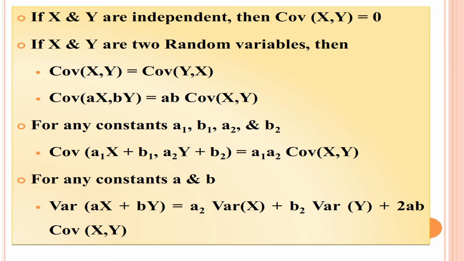Fourth property: for any constants a1, b1, a2 and b2, covariance of a1x plus b1, a2y plus b2 is equal to a1 a2 covariance of x and y. Fifth property: for any constants a and b, variance of a x plus b y is equal to a squared variance of x plus b squared variance of y plus 2 a b covariance of x and y.